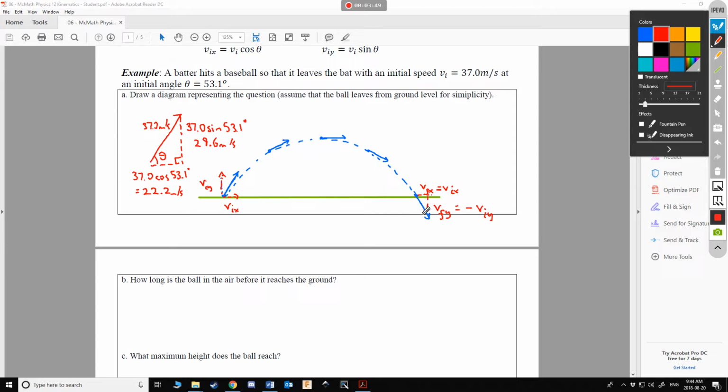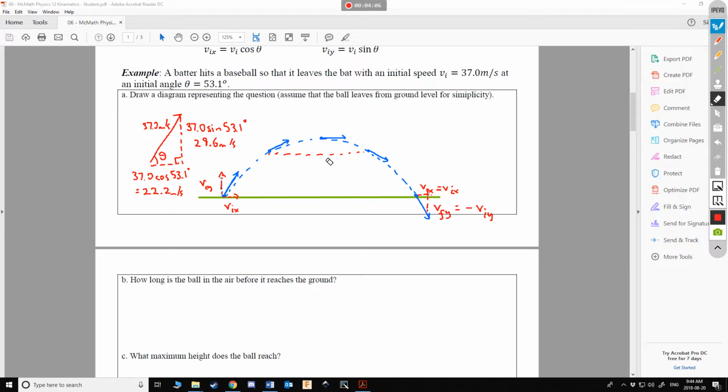So the speeds are the same at this point, just the direction has changed. Same if this point lines up with this other one, the speeds of those two vectors are the same. However, the direction has changed. Before it was angling upwards, now it's angling down.